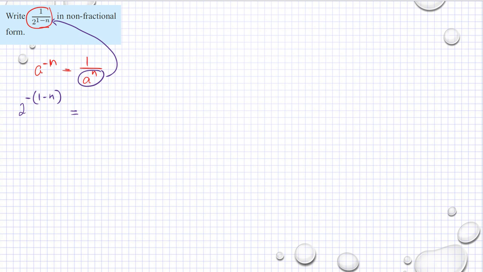So it will become negative. Right now it is positive, it will become negative as I did here. Then simplify: 2 raised to negative 1 plus n. Simplify more. That means 2 raised to n minus 1.